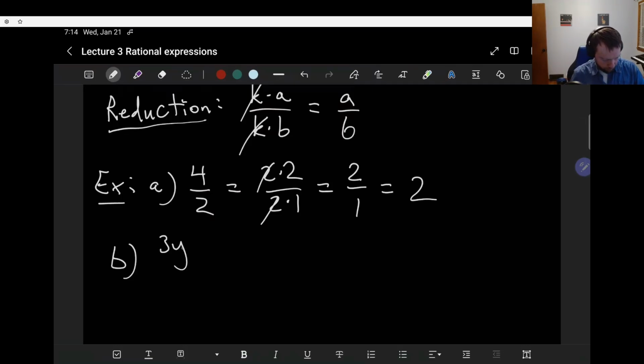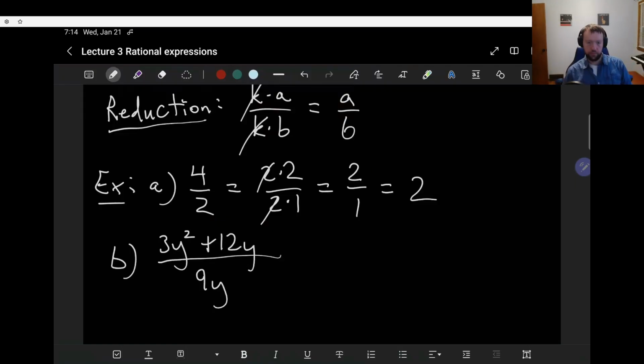Well, let's take this one, throwing in a variable now. I can make life a little easier for myself by factoring. You'll see that's going to be a common theme today. So I can do a little factoring in this numerator. We have some common factors in each term. Both terms have at least one y in them, so I can factor out a y.